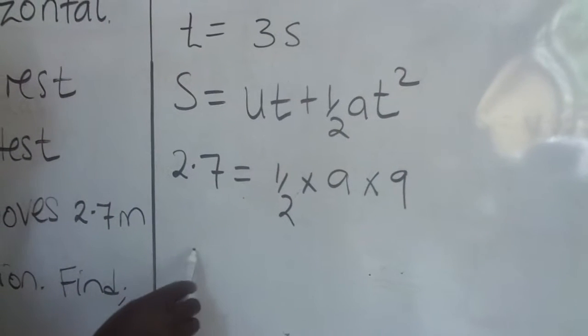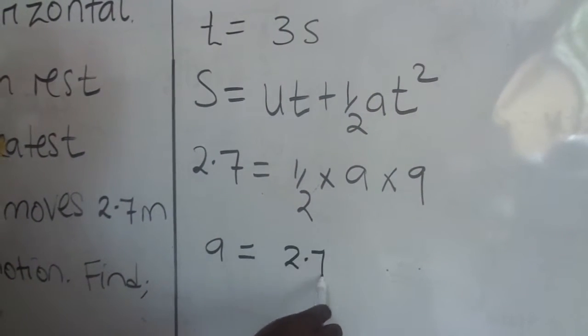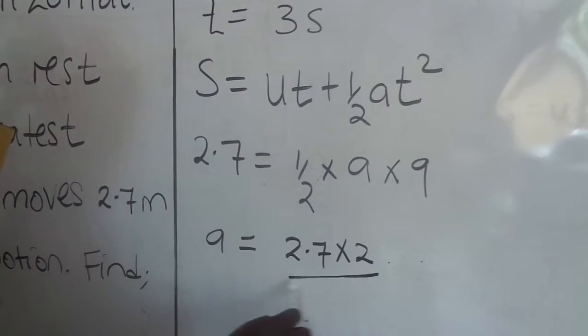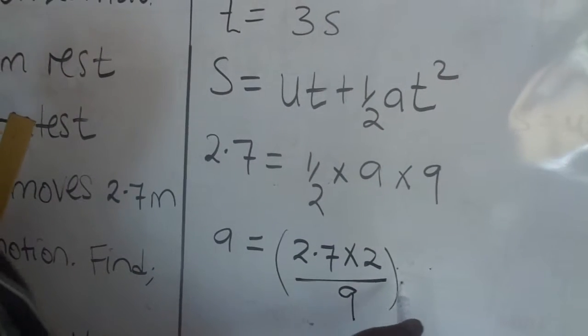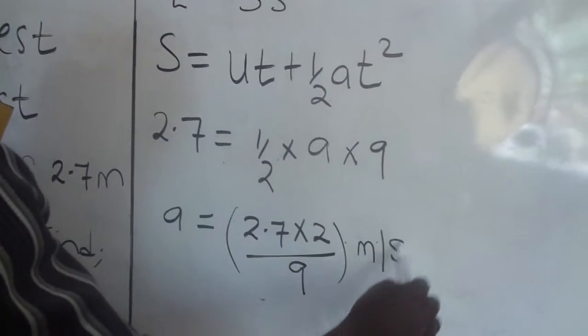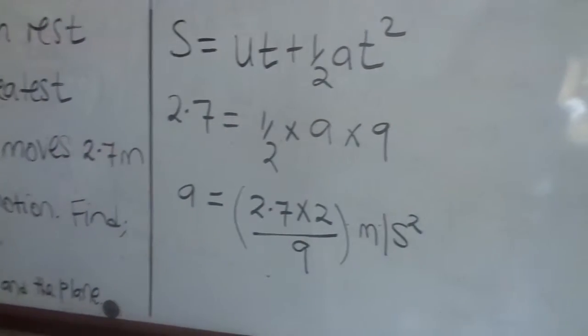Making a the subject, a = 2.7 × 2 / 9. This is the value in meters per second squared, the acceleration they want in part 1.